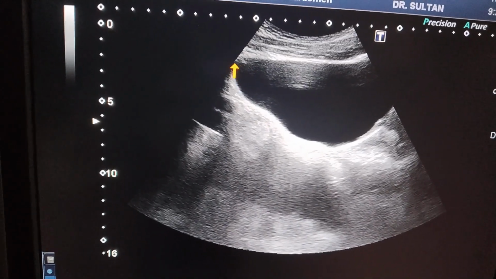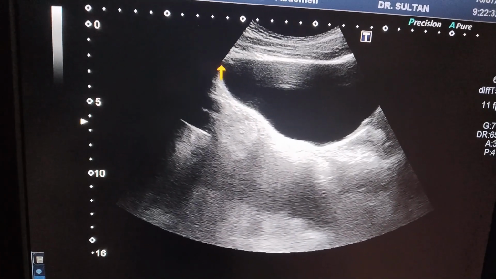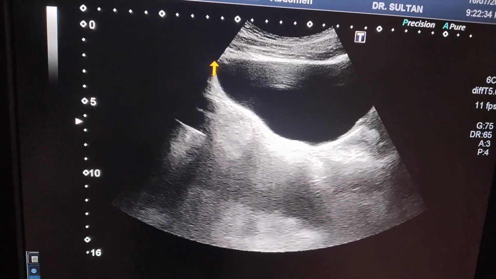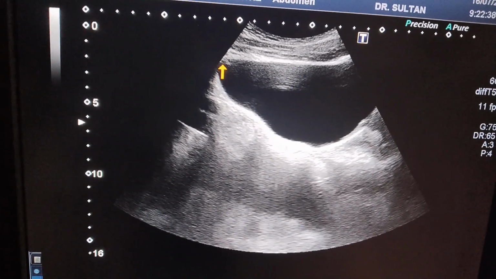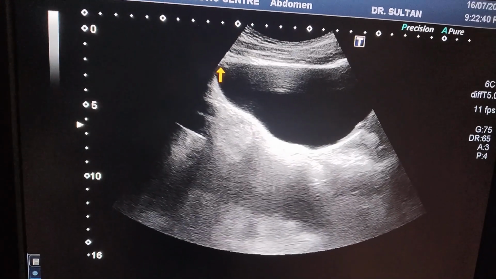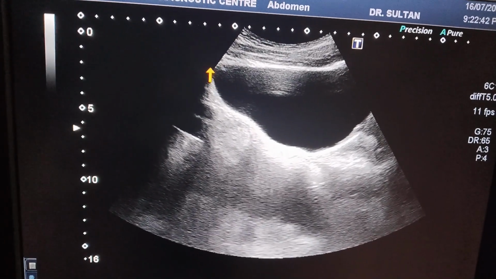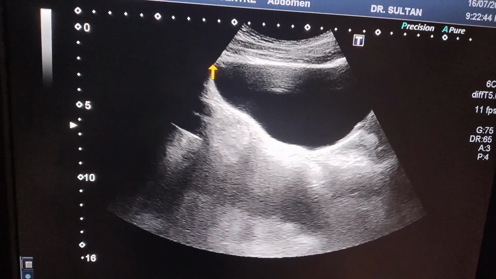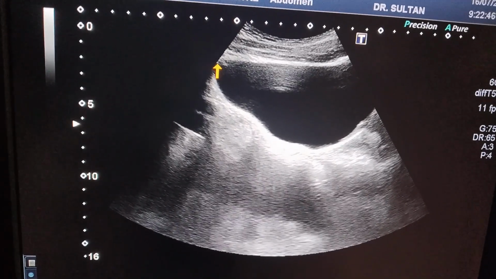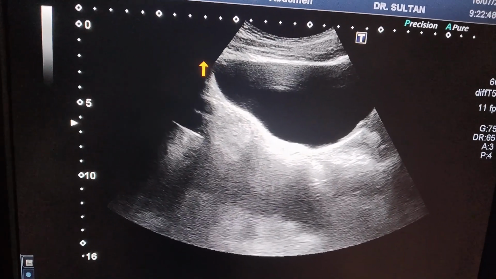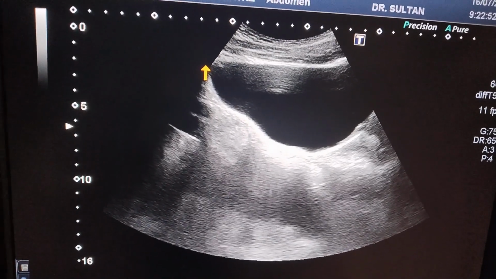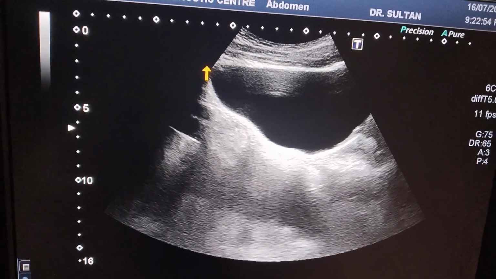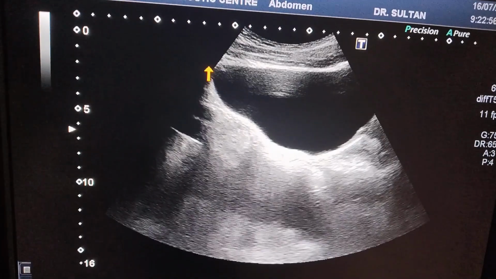And this region, which is conical on the dome, is the apex of the urinary bladder. And usually here the urachus attaches to this apex of the urinary bladder, then it extends toward the umbilicus.